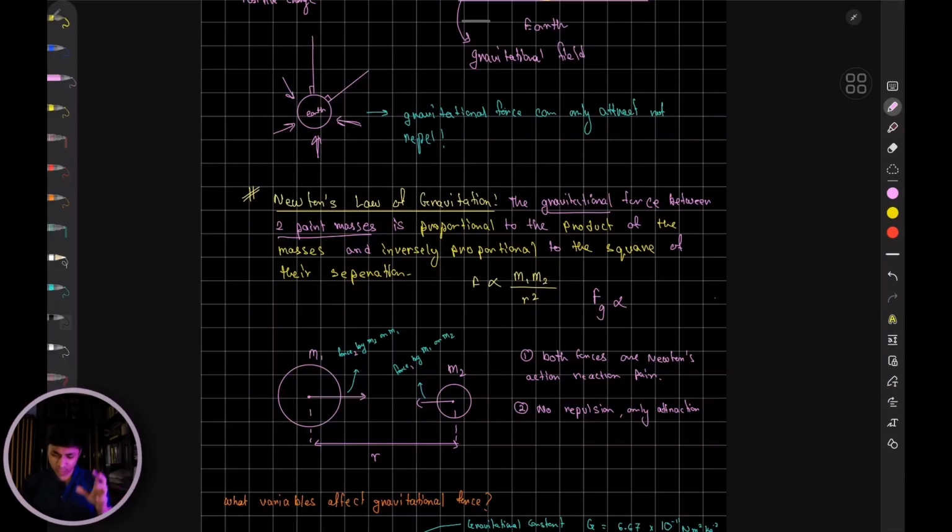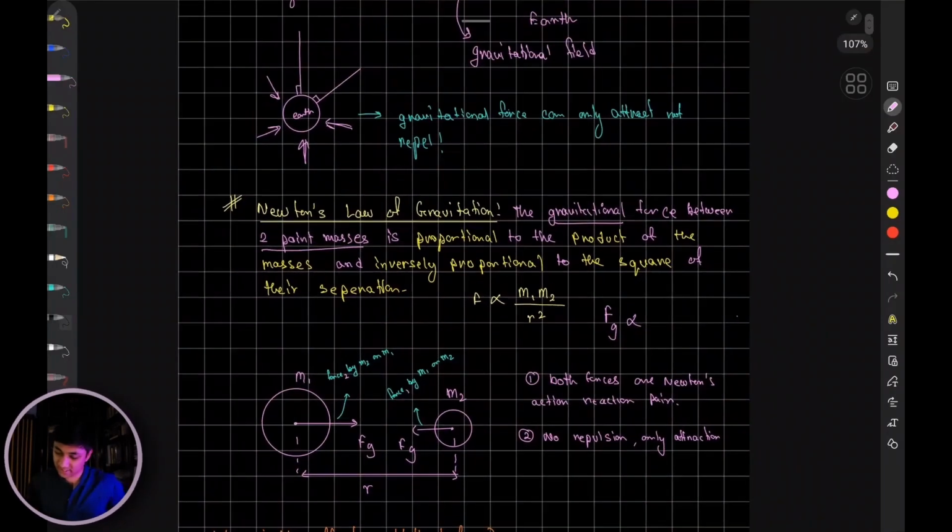If you want to find out the force between both the masses, it is going to abide by Newton's third law, equal and opposite force. So therefore, this force Fg is going to be equal to this force Fg. So mass 2 exerts a force Fg on m1, and m1 is going to exert the same force on m2.